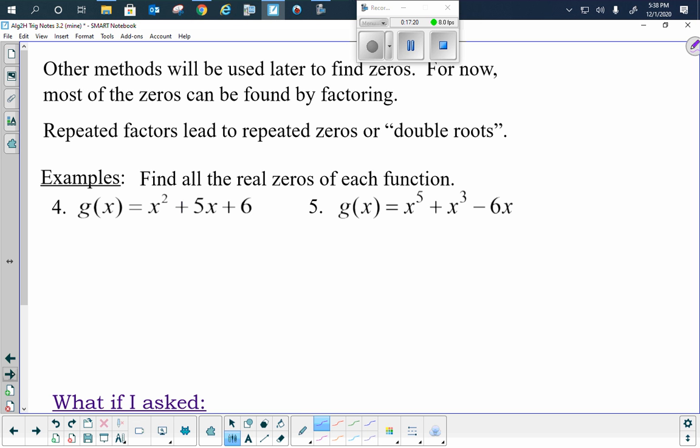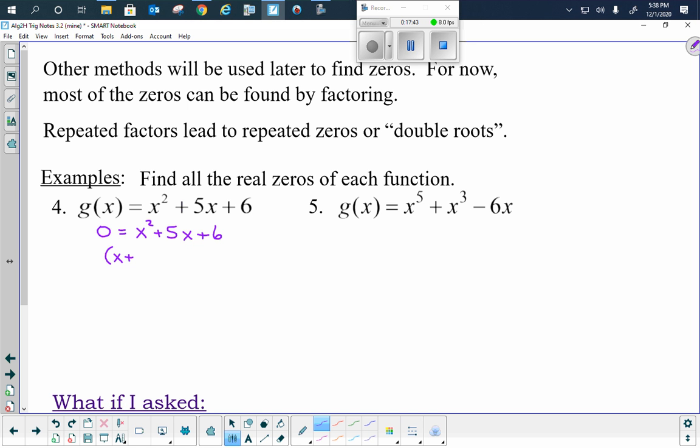So let's work with this. For example, let's find all the real zeros of each function. Okay. So if I'm finding all the real zeros, that means where that equals 0. You're trying to figure out what x's would lead us to that.